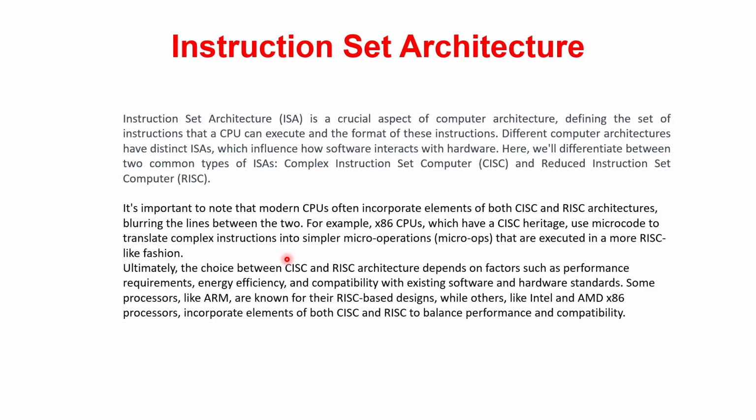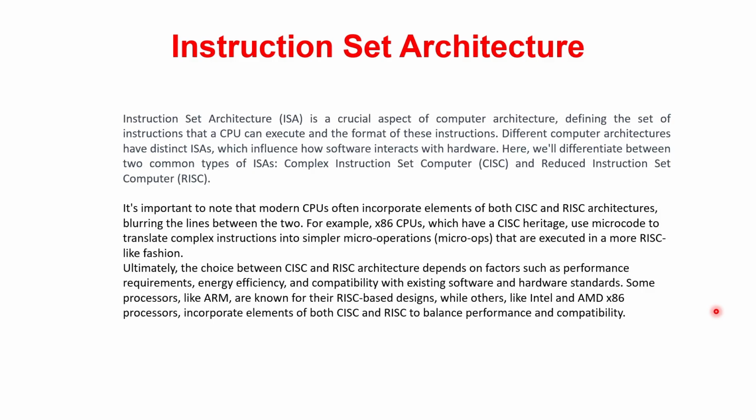Okay, RISC stands for Reduced Instruction Set Computer. RISC architectures have fewer, simple instructions, so each instruction performs one basic operation, and complex operations are built by combining multiple simple instructions. This allows for simpler and faster hardware design.